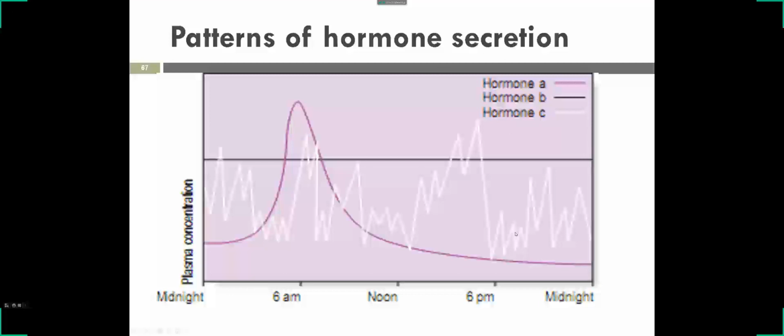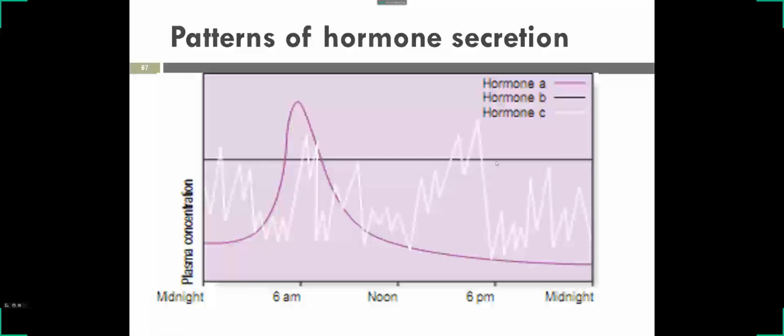If you don't know that hormone C is related to food, you might think it's high or low if you measured it here or here, basically because it's linked to food intake. And then hormone B doesn't change at all, so it doesn't really matter when you measure it. But you need to know that, and you need to know what the static level is and what you're after.